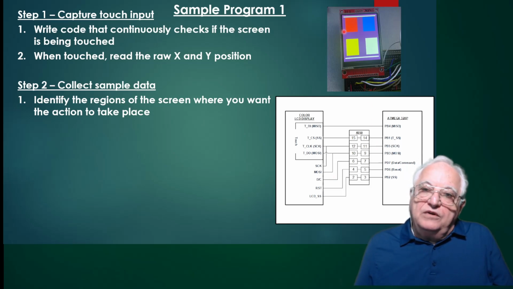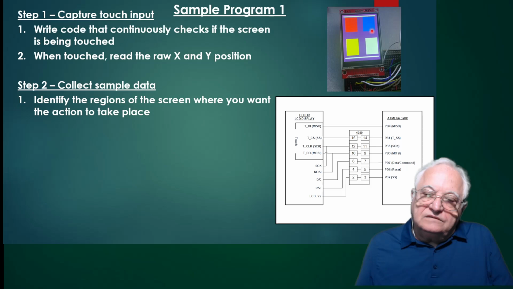So basically what I'm going to do is touch the red square with the stylus the same way I'm doing right now. And then I'm going to go to the next button and do the same thing. I'm trying to figure out what the boundaries are between the red and the blue.